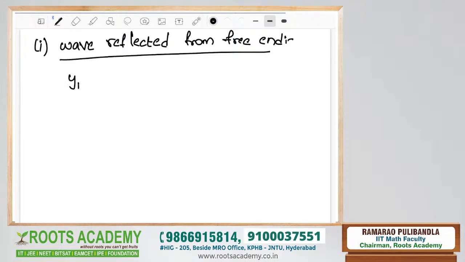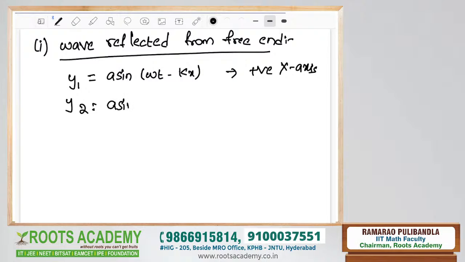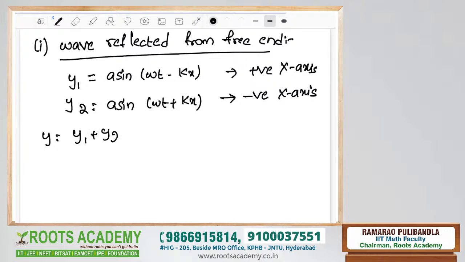Here we are considering two waves. y1 equals a sine of omega t minus kx, which is traveling along the positive x-axis. y2 equals a sine of omega t plus kx, because these two waves are traveling in opposite directions; this wave is traveling along the negative x-axis. The resultant wave is y equals y1 plus y2, according to the superposition principle.